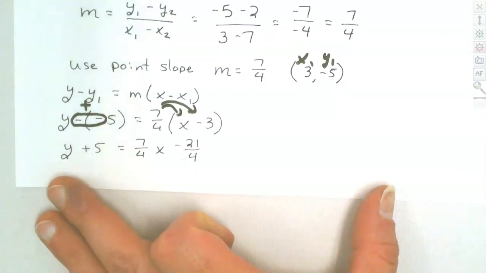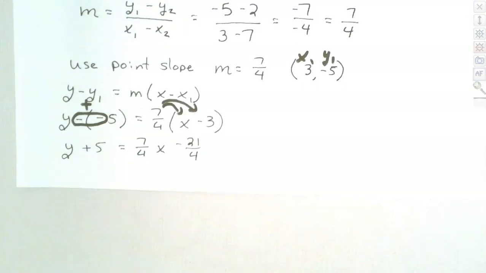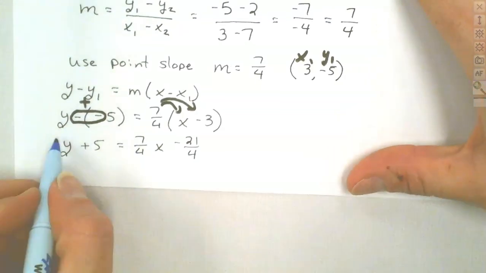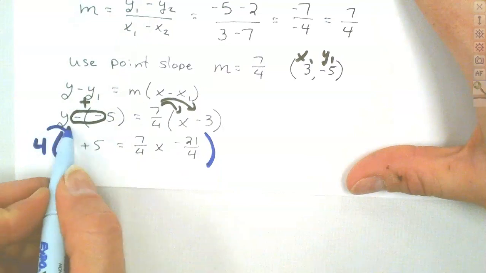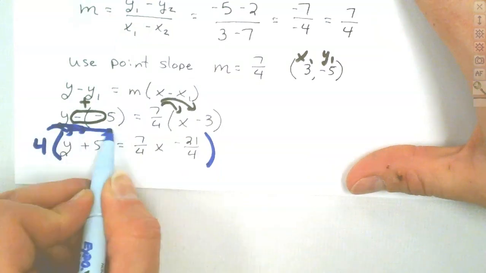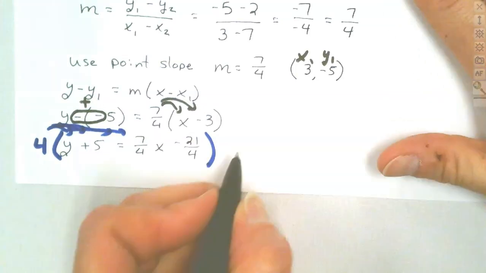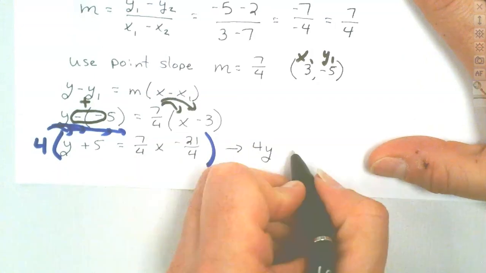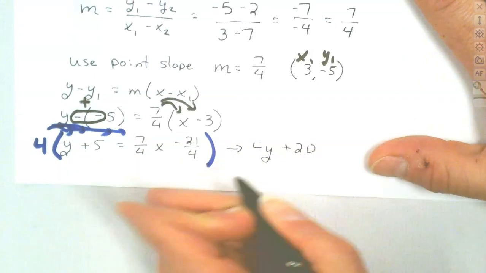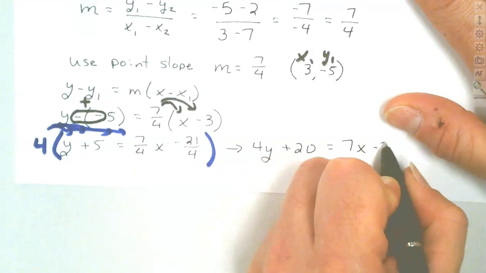Now, we do want this in standard form. So in standard form, can we have any fractions? Nope. So we're going to clear those out. And we do that by simply multiplying it all by 4. That's going to clear out all of our fractions. And that leaves us then with 4y plus 20 equals 7x minus 21.